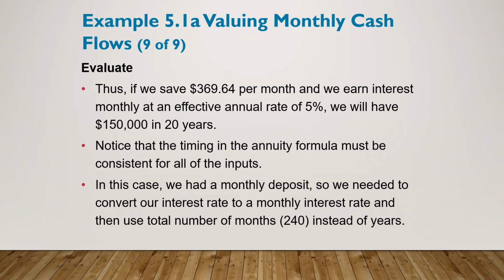Notice that the timing in the annuity formula must be consistent for all of the inputs. In this case, we had a monthly deposit, so we needed to convert our interest rate to a monthly interest rate and then use the total number of months, which was 240, instead of years.